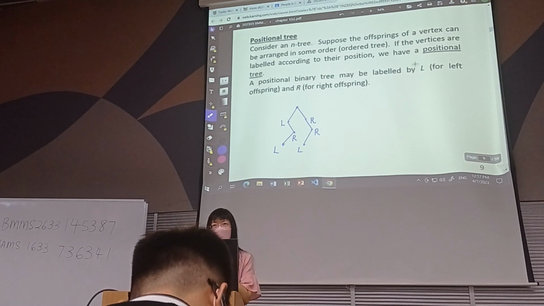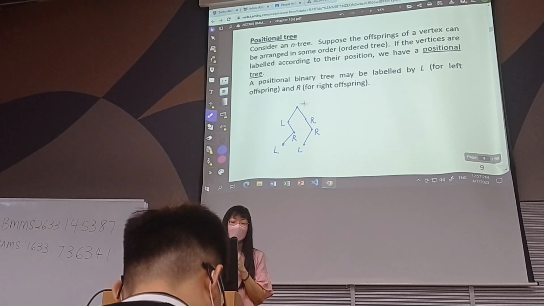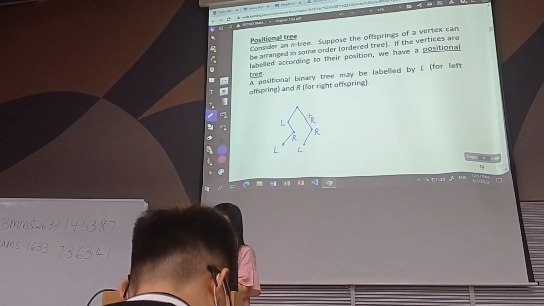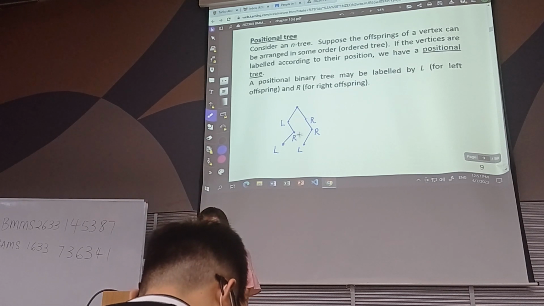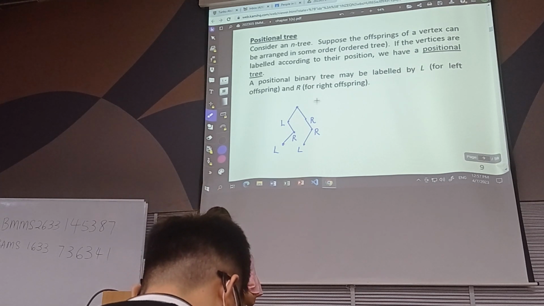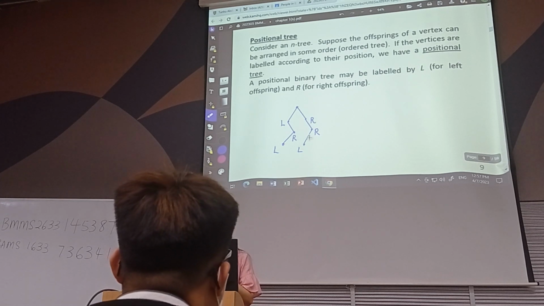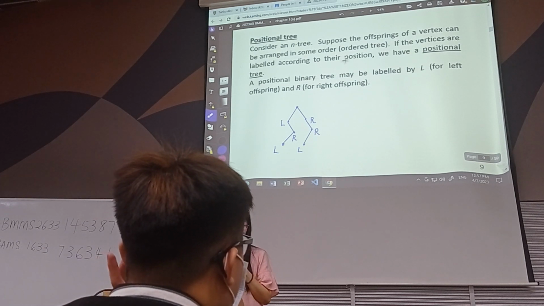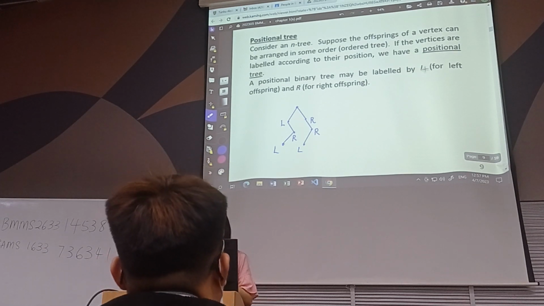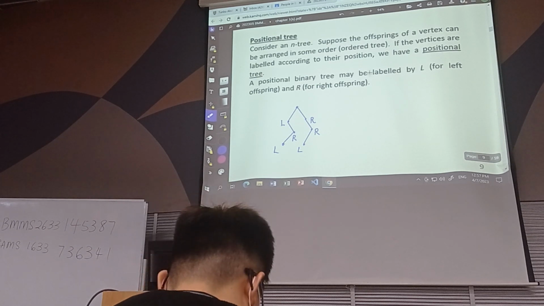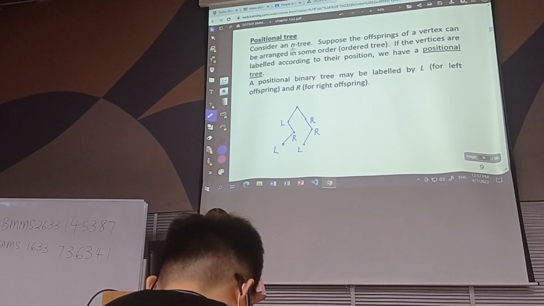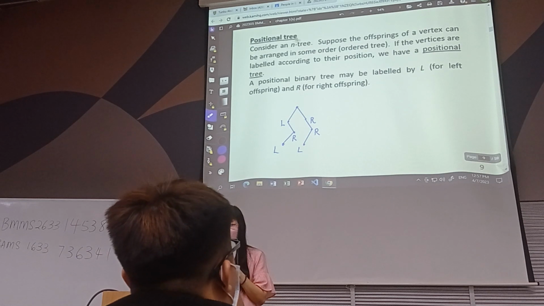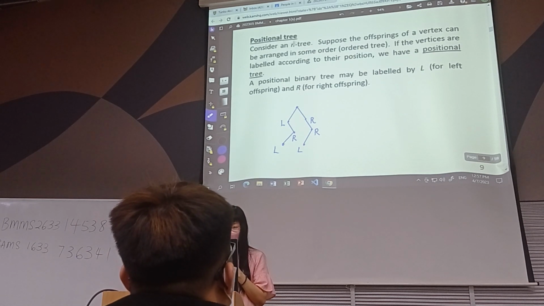Not necessarily must have two paths. As long as the maximum is 2, then the rest can have one path only. Okay? So this one we label following their position. If you have binary, that means we only have 2 maximum. If let's say I have n-ary tree, I can have 3, 4, 5, 6 and so on.